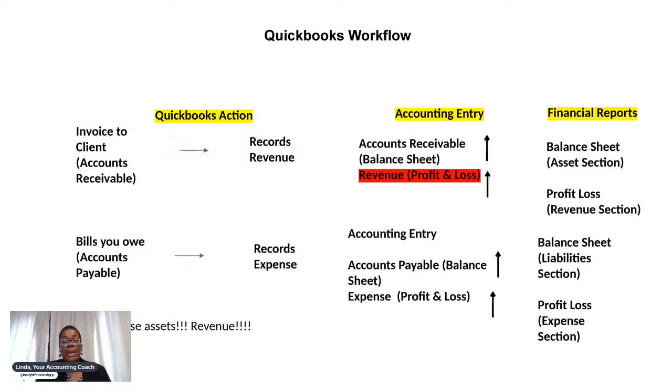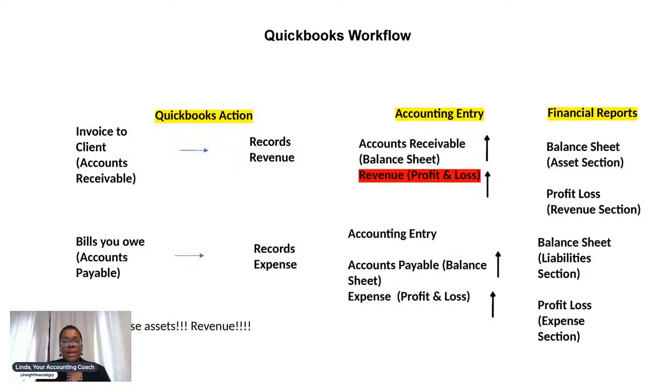If you create a bill in QuickBooks, where you're entering all your bills into QuickBooks, QuickBooks records an accounts payable, that is money owed to someone else, and it records the expense. So if you order from your supplier and they send you the bill, you enter that bill into QuickBooks, it records the accounts payable and it increases expense.